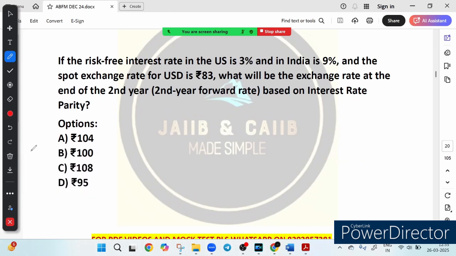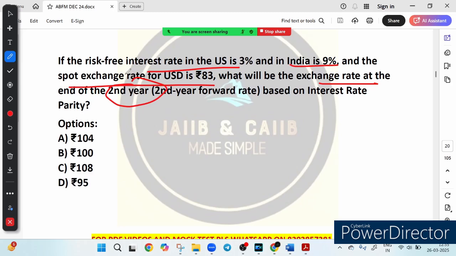Now let's move forward. Friends, let's understand what the question is asking. The spot exchange rate for USD is rupees 83. The risk free interest rate in India is 9%, and the risk free interest rate in US is 3%. The time period is 2 years. So the question is what will be the exchange rate at the end of the second year based on interest rate parity.